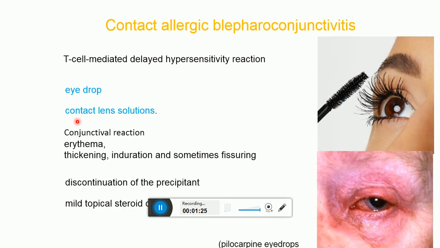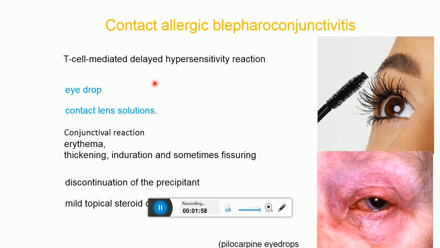Next, after non-allergic conjunctivitis, is contact allergic blepharoconjunctivitis. It is analogous to contact dermatitis, and it is an acute or subacute T cell mediated delayed hypersensitivity reaction. Most commonly it is a reaction to eye drops and contact lens solutions, and a less common cause is mascara.